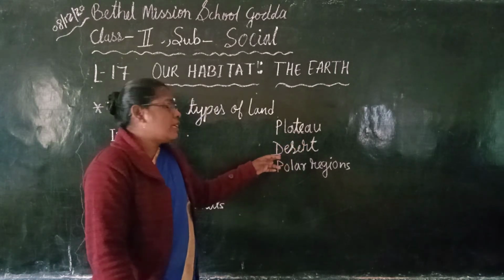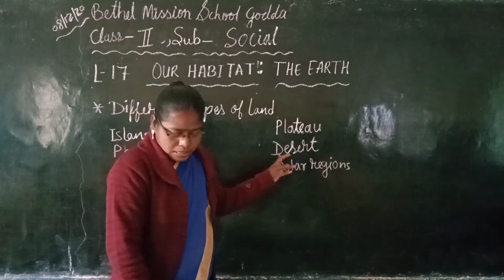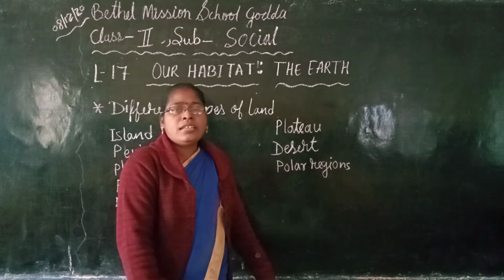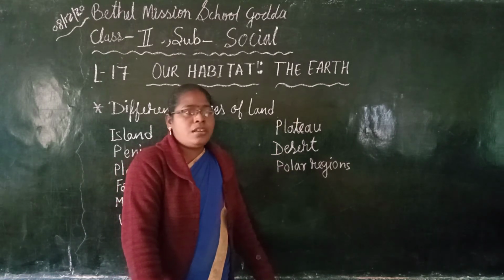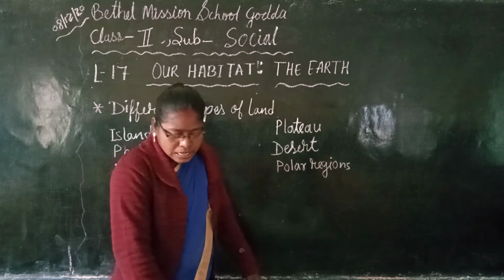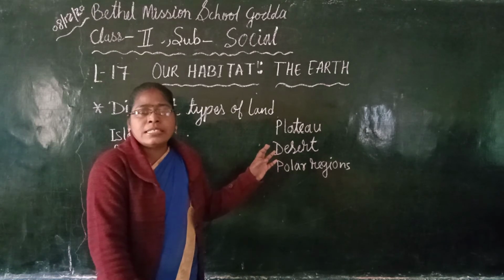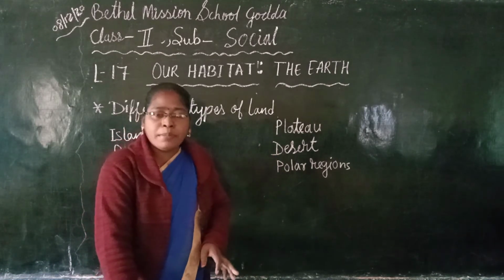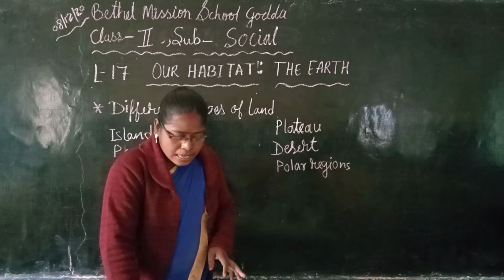Now next is desert. The land covered with sand is called desert, and there are very few plants and animals in the desert.